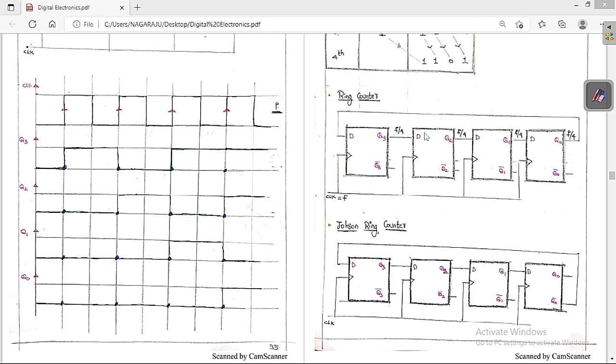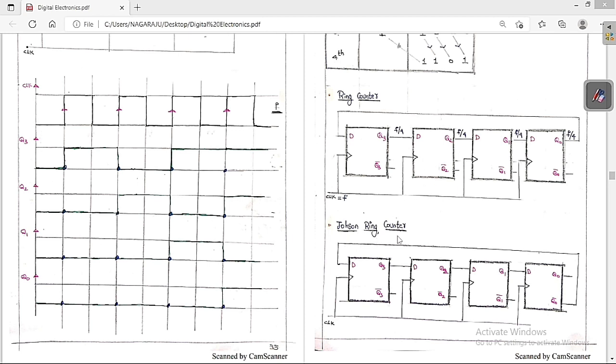At each and every output, we are going to get the same frequency. As there are 4 flip-flops, we get f by 4. If there are n flip-flops, we get f by n. So this is a very important point that you always have to keep in your mind. So this is called the ring counter.